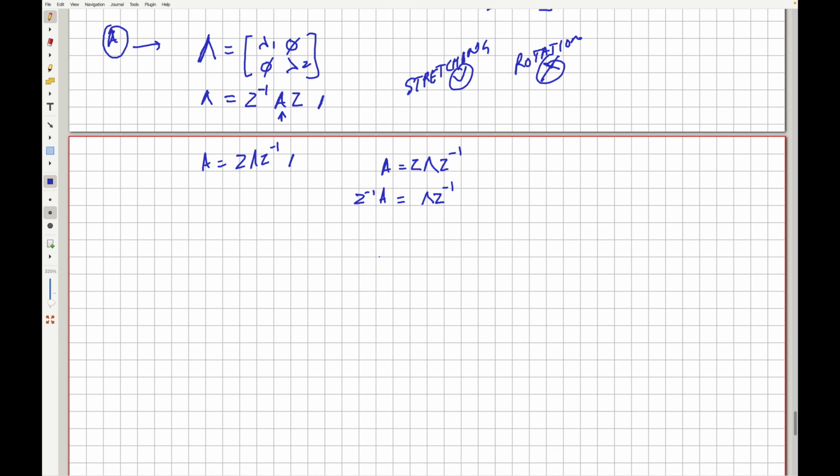And now we multiply both sides with the Z. So what we get is Z inverse A Z is equal to lambda. So that's very pretty straightforward.